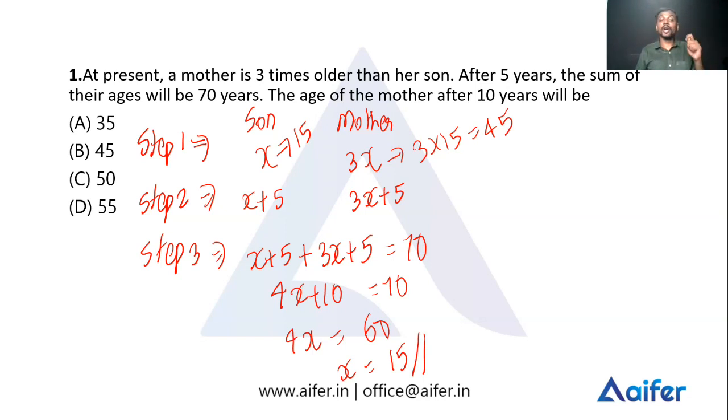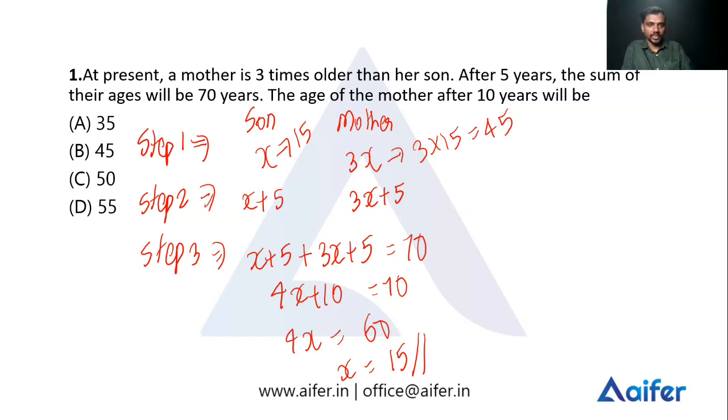But remember, you have to reread age-related questions, because many times the questions will be simple, but in the last sentence they make it a bit complicated, like asking the age of the mother after 10 years. They could directly ask what's the age of the mother, but they will ask something like this. So this is the existing age of the mother.